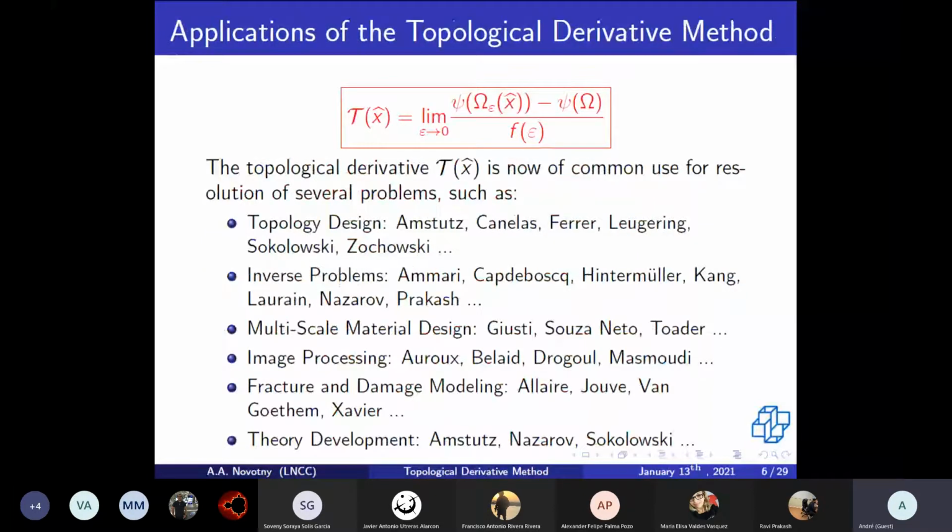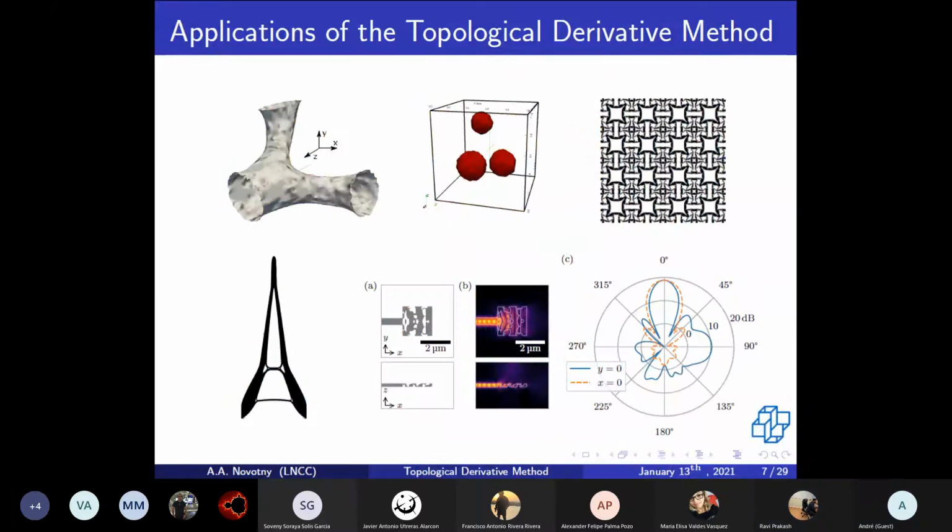So it has many applications for obvious reason in topology optimization, inverse problems, multiscale material design, image processing, fracture mechanics, and so on. Okay. For example, here I am showing you some application in fluid dynamics.